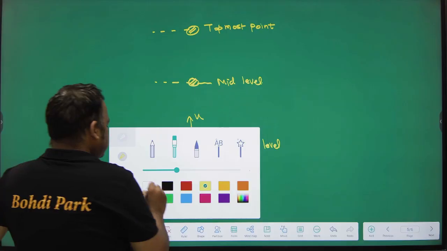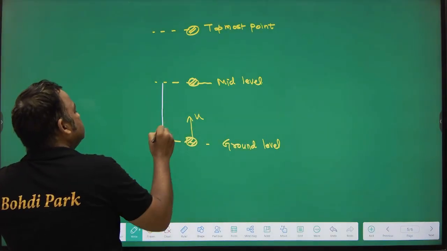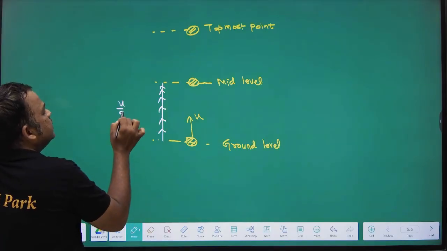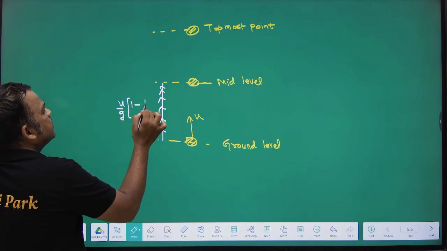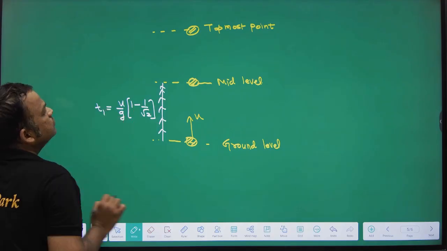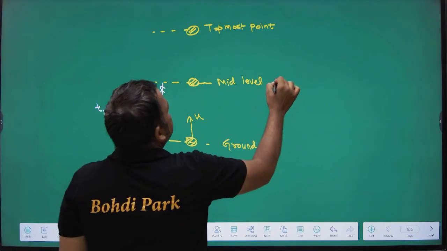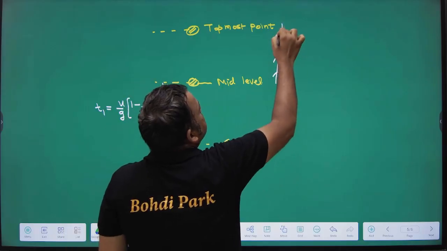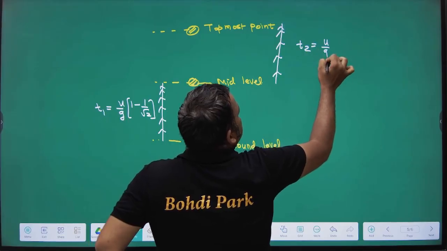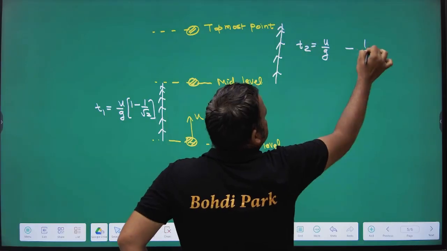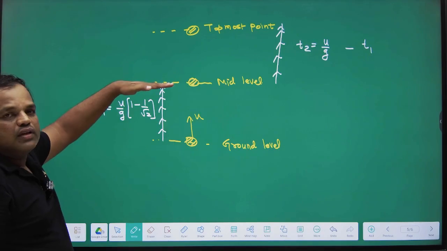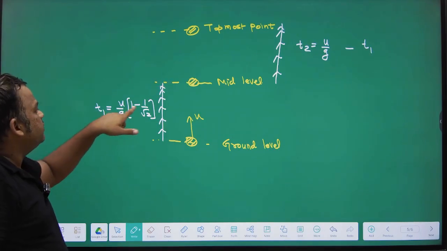So we have found the time to reach half of maximum height is u by g into 1 minus 1 by root 2. We can call it T1. So the remaining height will be covered in time T2. Now T2 will be equal to time of ascent minus T1. To cover half of maximum height, it is taking u by g, 1 minus 1 by root 2.